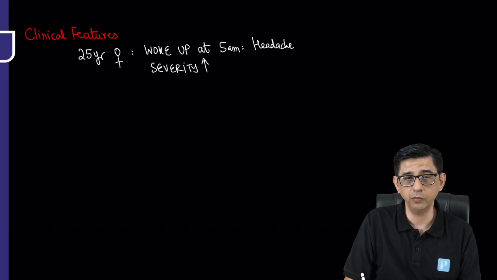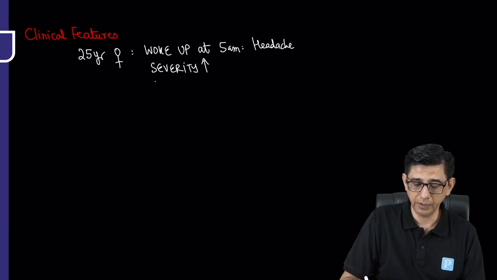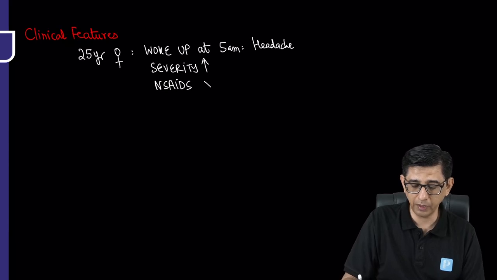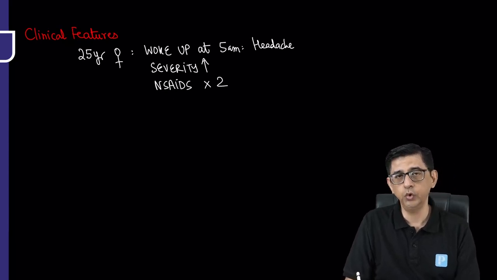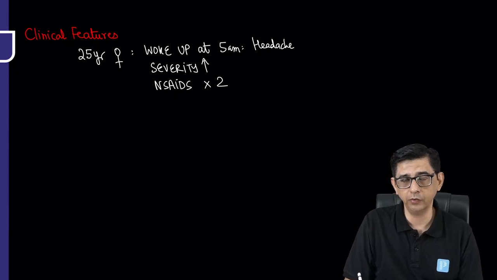She says, doctor, the pain was so bad that I took it on an empty stomach. Normally people in India are very particular and usually avoid taking painkillers on an empty stomach. But this lady says that because the severity of the headache increased in spite of taking a painkiller tablet, she took two tablets of over-the-counter painkillers, but the severity of the headache has worsened in this case.